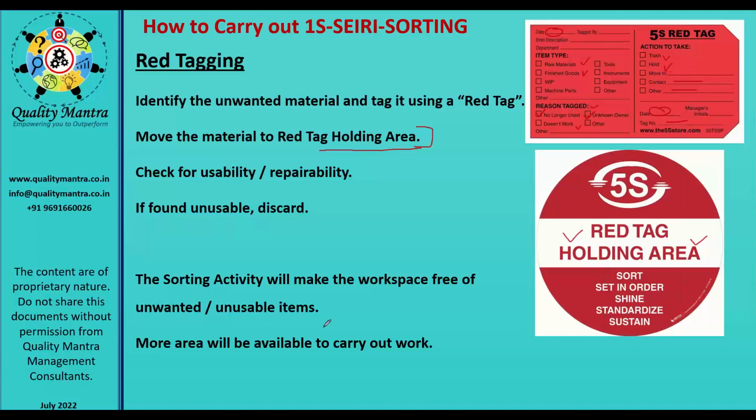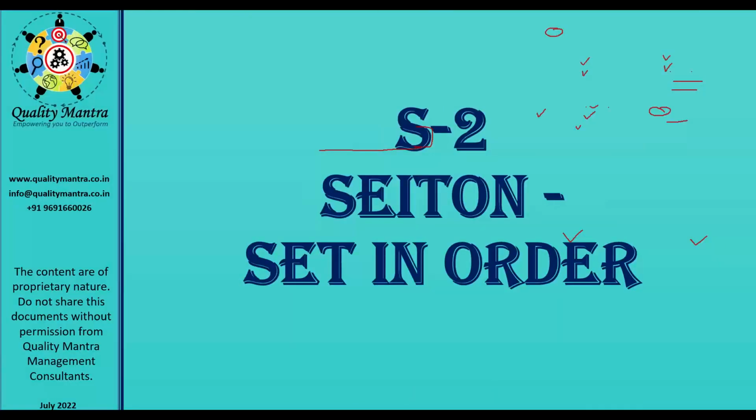You will have more workspace to carry out your activities. Your workspace becomes safer. That is the importance of this 1S. So before we move to 2S, that is set in order, let us have a small quiz.